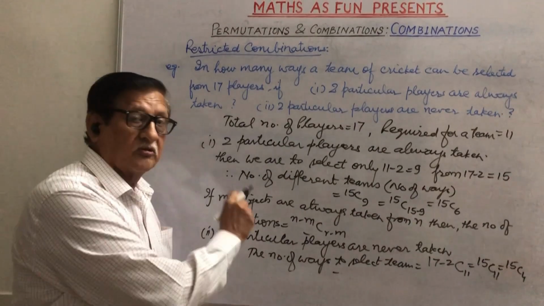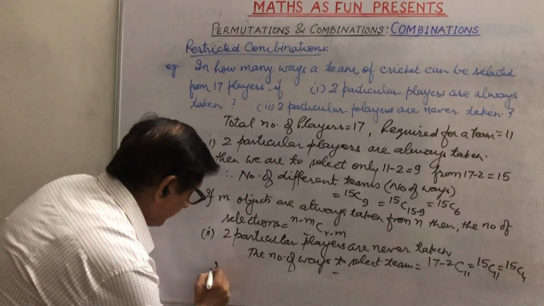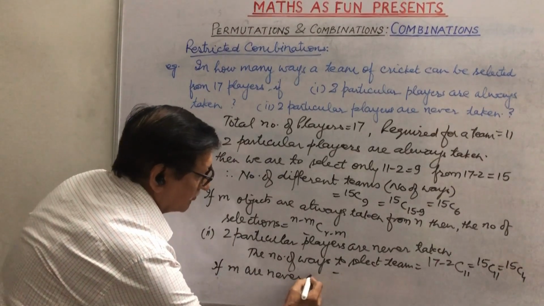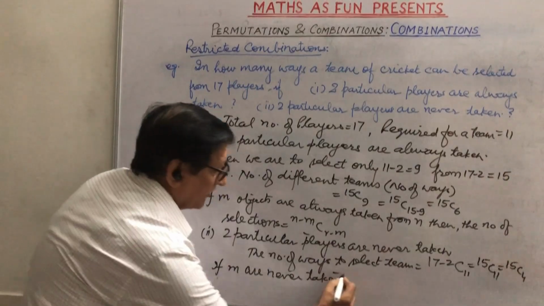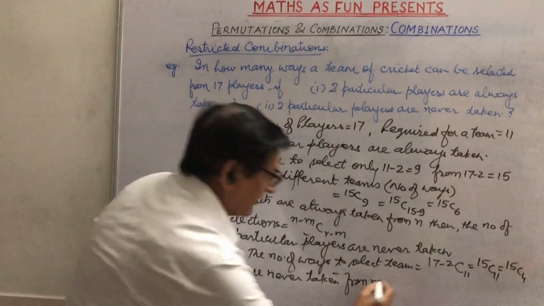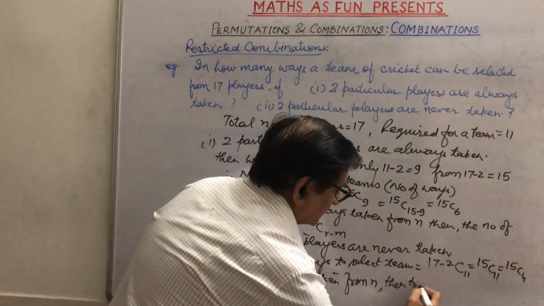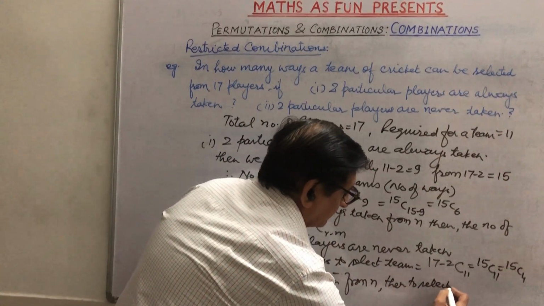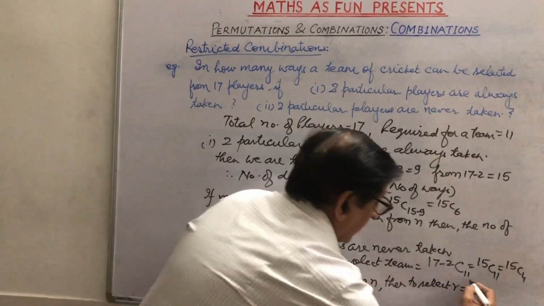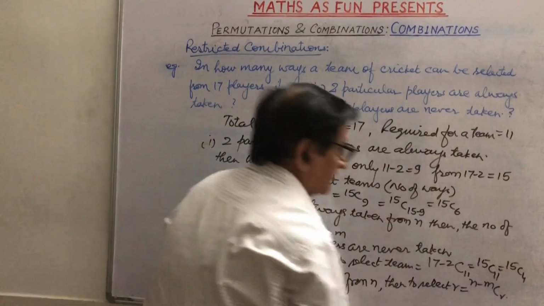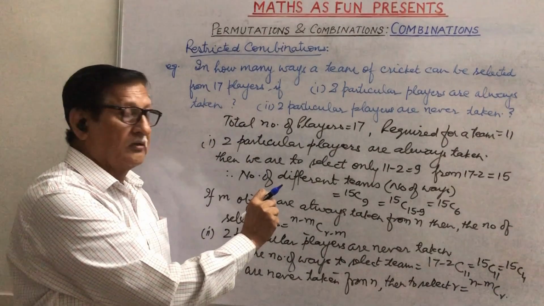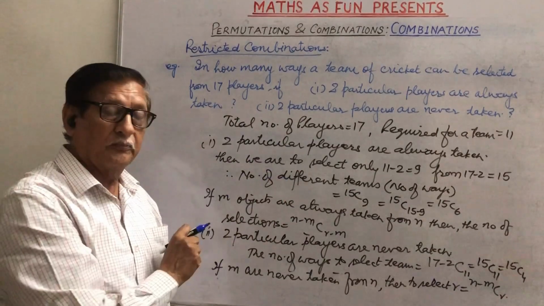For such case also we can make a formula. If m are never taken from n, then to select r, the number of ways will be n minus m C r. So we can remember the two formulae here, which can be applied directly to the problem.